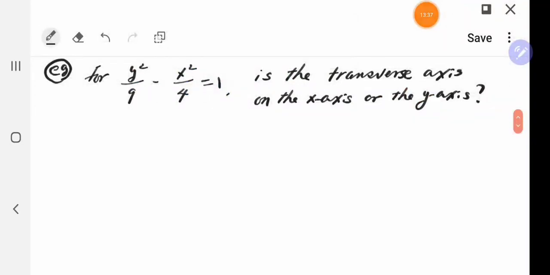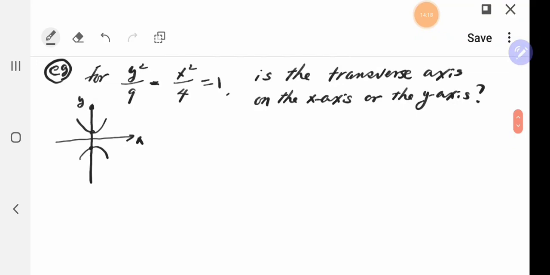Okay, here's an example. This is a hyperbola equation because it is something squared minus something squared. The question is: is the transverse axis on the x-axis or the y-axis? Because this starts with y, the vertex is on the vertical line, or the focus is on the vertical line.